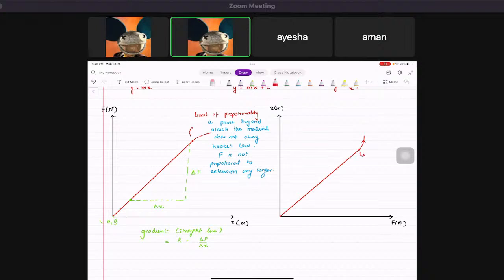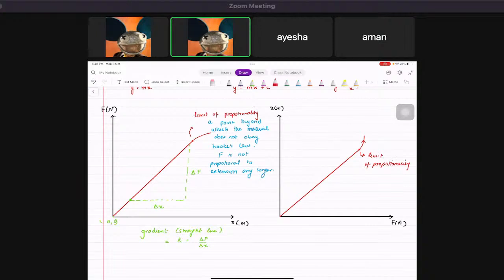So this is the limit of proportionality. Both curves are absolutely fine, and you can always use them.